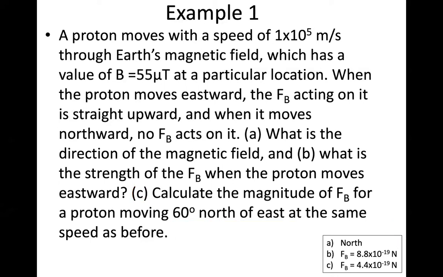So let's just draw that. What does that look like? North of east. So we're going to do the same thing in terms of north, east, south, west. And we still have a B field that points directly north. That hasn't changed. But now our velocity points 60 degrees north of east.